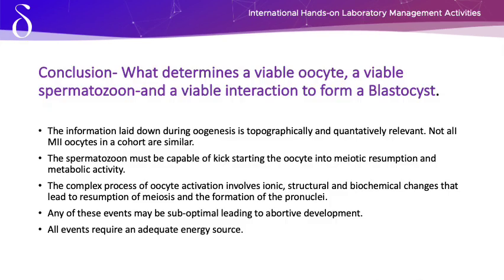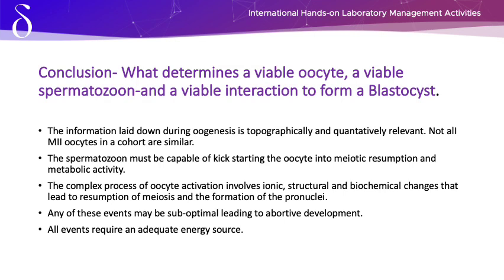So to conclude again, there we are sitting in the laboratory with 10 M2 human oocytes in front of us. They all look very nice, but how do we get a viable blastocyst? Which one's going to give us a viable blastocyst? So the oocyte is a complex cell, and the topographical and quantitative information in it is very important, and certainly not all the oocytes in a cohort are similar.